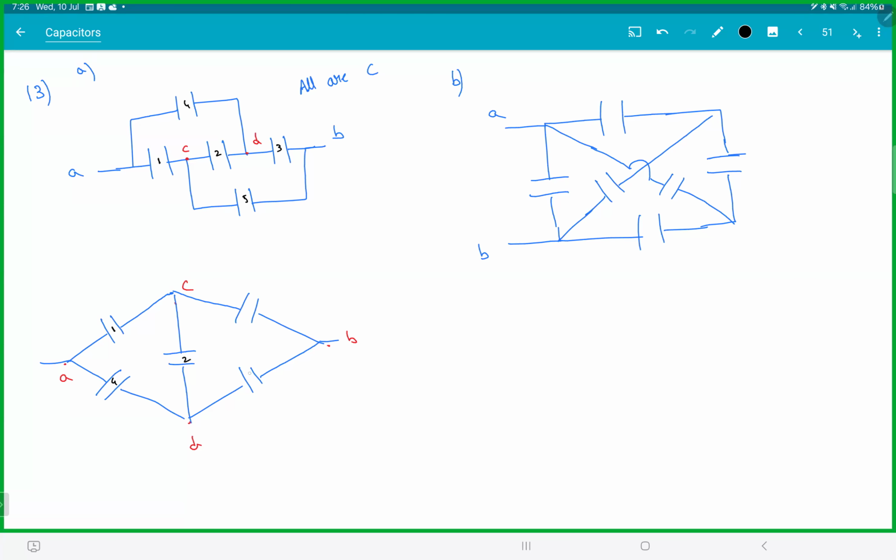This is 2, this is 3 and this is 5. So capacitor 2 can be removed. It's a Wheatstone bridge. So the circuit simply becomes like this. Therefore CAB is equal to C.